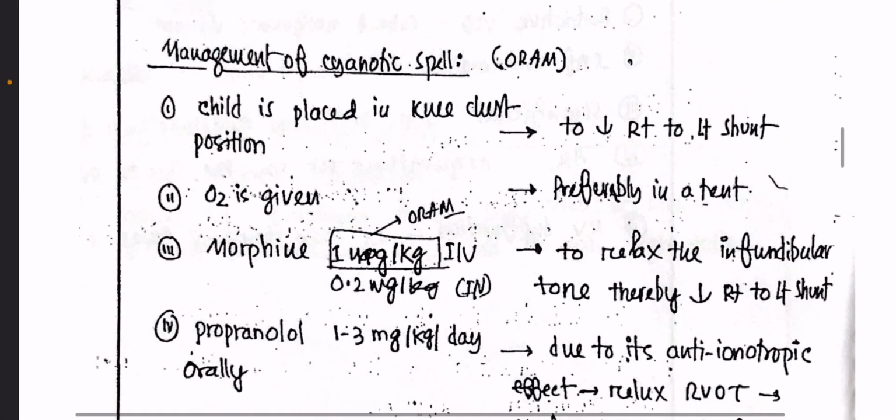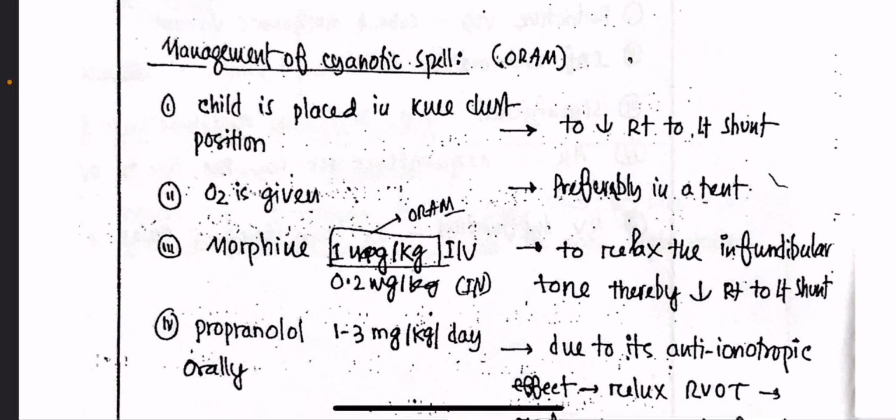Management of cyanotic spell. The child is placed in knee-chest position to reduce right to left shunt. Oxygen is given, preferably in a tent. Morphine is given IV.